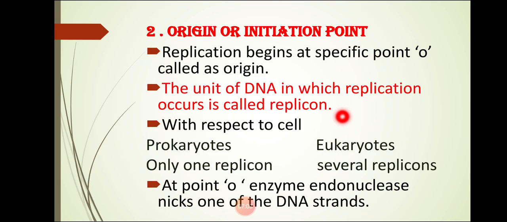With respect to cells, the prokaryotic cells have only one replicon, whereas in eukaryotes there are several replicons. That means more than one replicon is present.